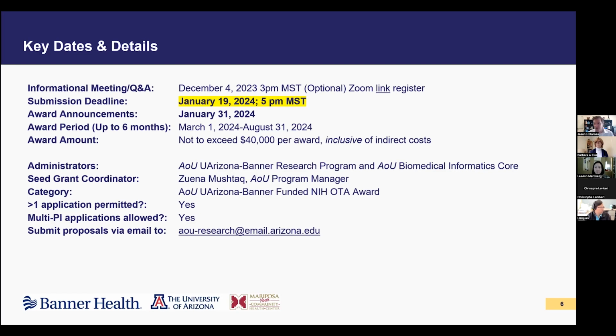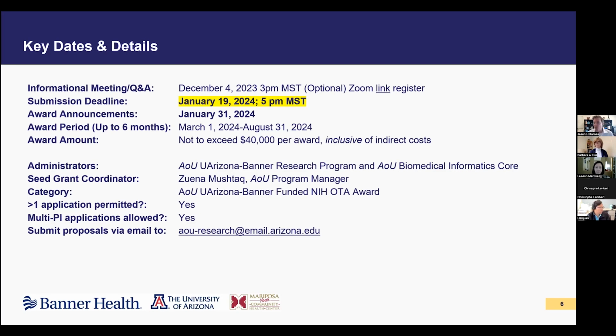And the $40,000 award should be able to catalyze quite a bit of research, considering that these RFAs only cover personnel expenses and computational and data storage expenses. Please note that $40,000 is inclusive of indirect costs.